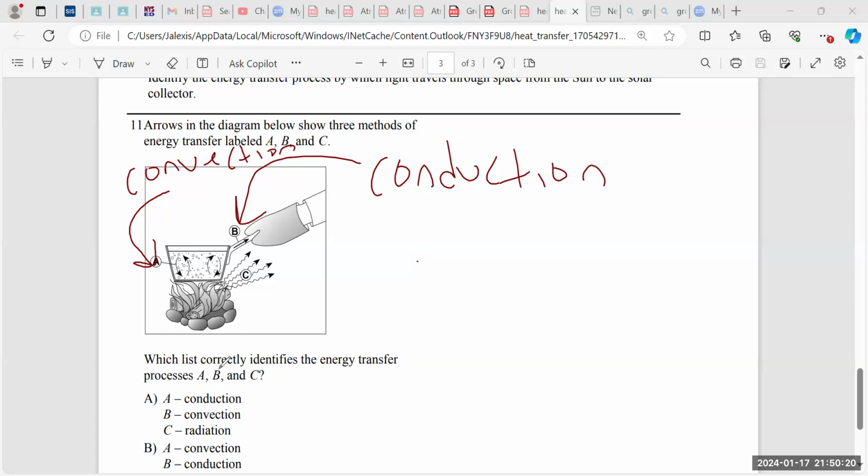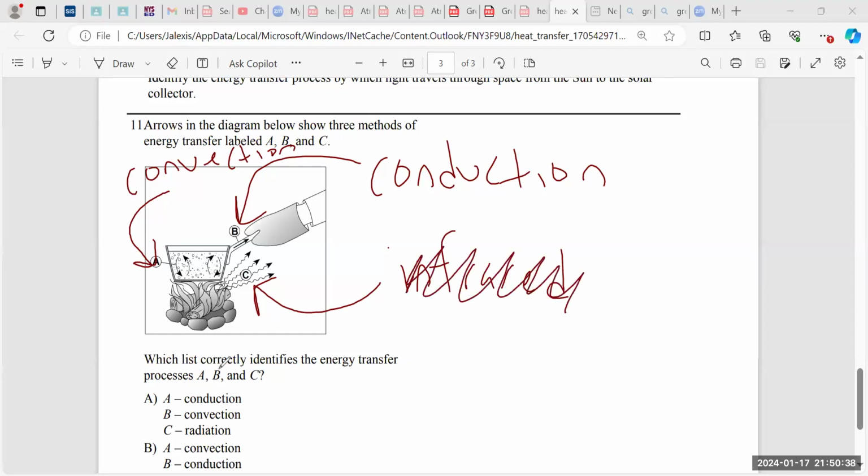And if there is radiation being emitted from a source that travels through space, that is radiation.